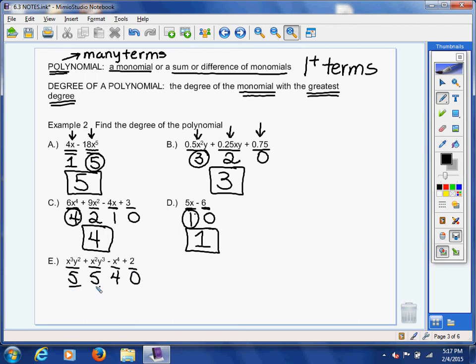Well, this is a tie right here. So that would mean that the degree of this particular polynomial is 5. Hopefully that was not confusing to you, and that you understand the difference between finding the degree of a monomial versus finding the degree of a polynomial that has more than 1 term in it.